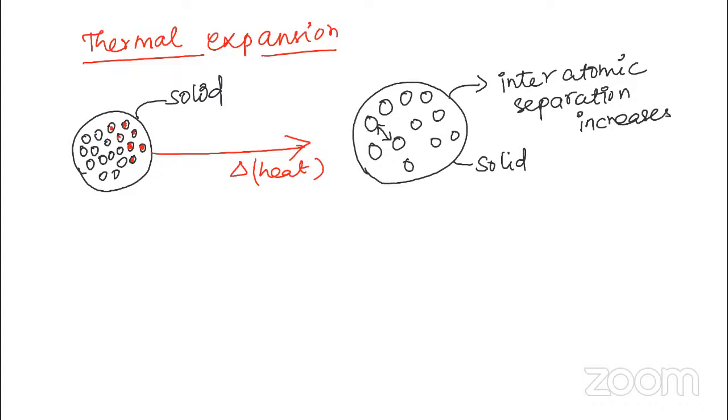So since the interatomic separation increases, automatically the solid will have expansion. When the interatomic separation value increases, automatically the solid material expands. So what types of expansion of solids can there be?